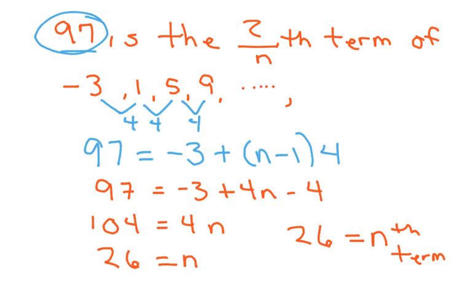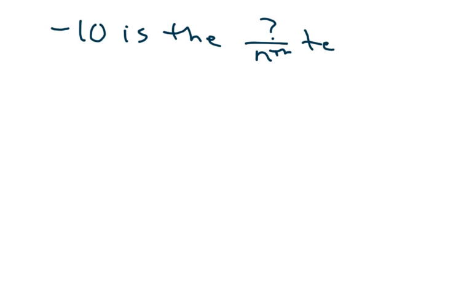All right? And we can try another one. And so this will be the last one of this set. We have -10 is the nth term of 14, 12.5, 11, and 9.5.